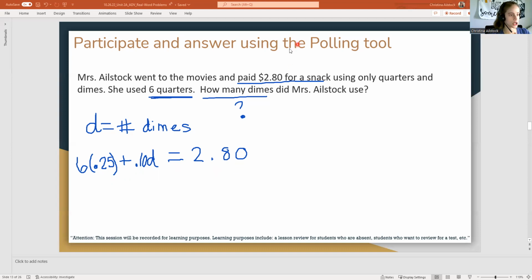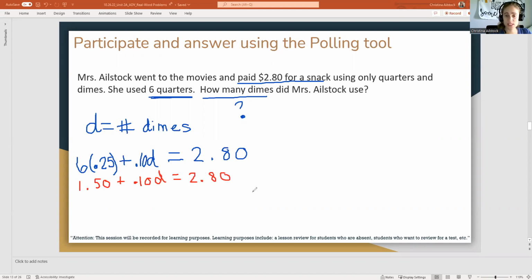All right, let's solve our equation. Well, first off, whenever we have an equation that needs simplified, we have to simplify before we can solve. And right here, we can simplify by figuring out what 6 times 25 cents is. And that is $1.50 plus 10 cents per dime equals $2.80.